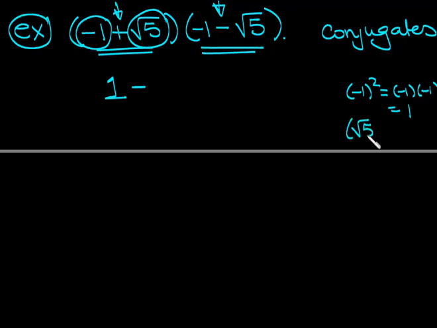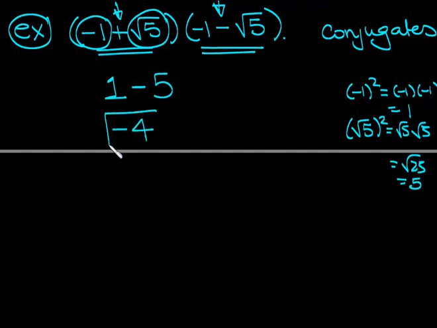What is square root of 5 squared? Well, that's the same thing as square root of 5 times square root of 5, which is square root of 25, which is 5. So you get minus 5. Okay, so you end up with negative 4 and you're done.